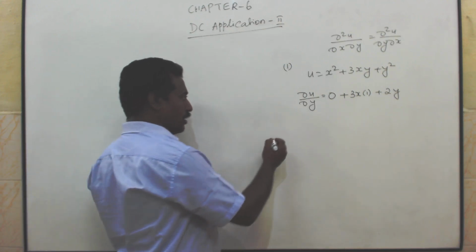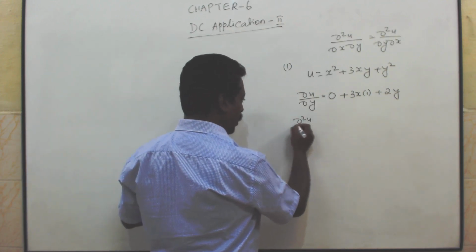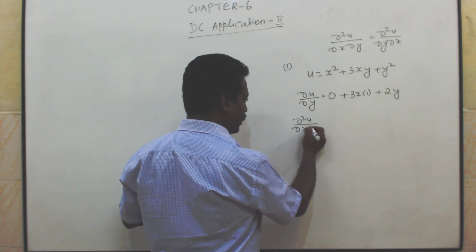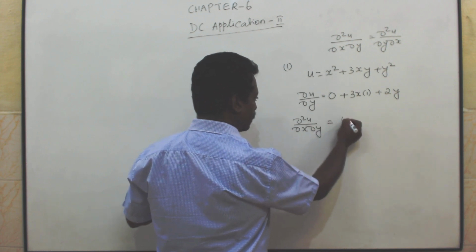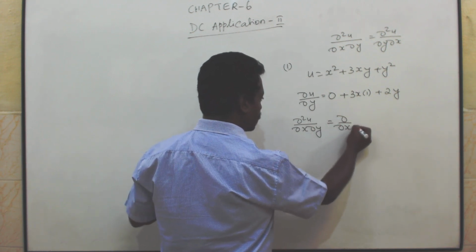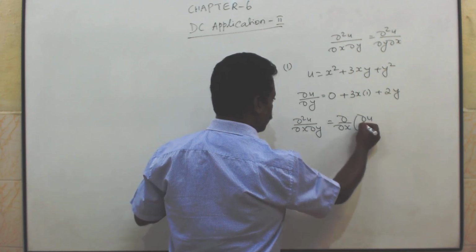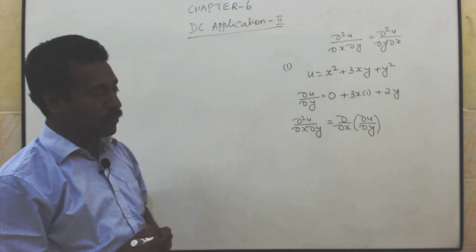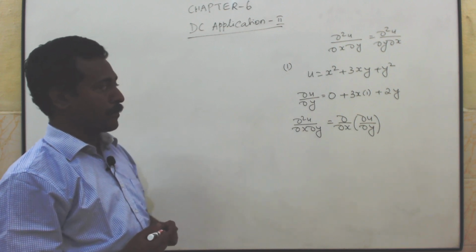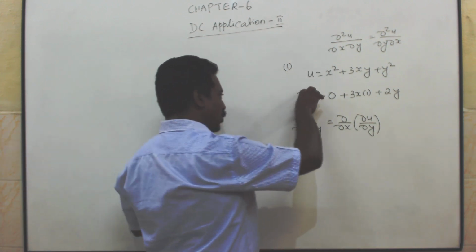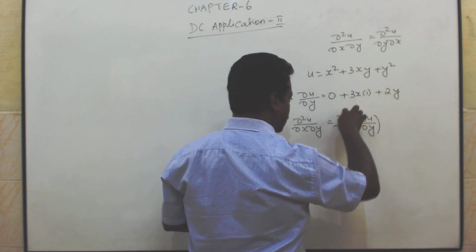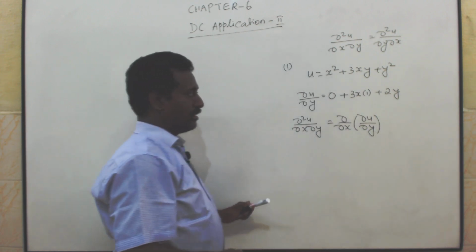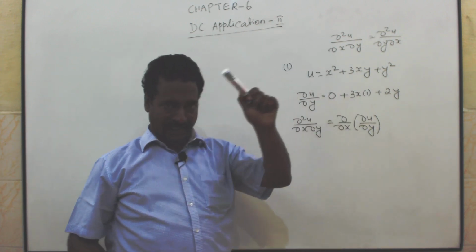Then dou square u by dou x dou y. You want to calculate dou square u by dou x dou y. This is nothing but dou by dou x of dou u by dou y. This dou u by dou y answer differentiate with respect to x.